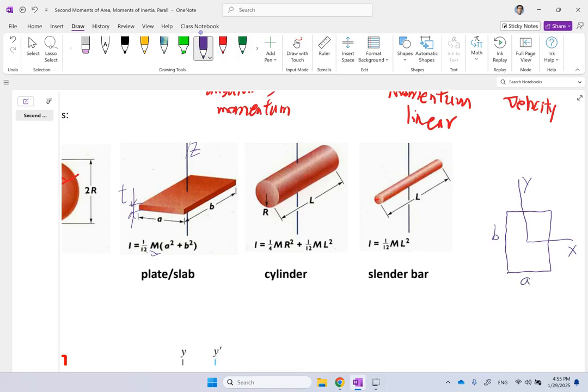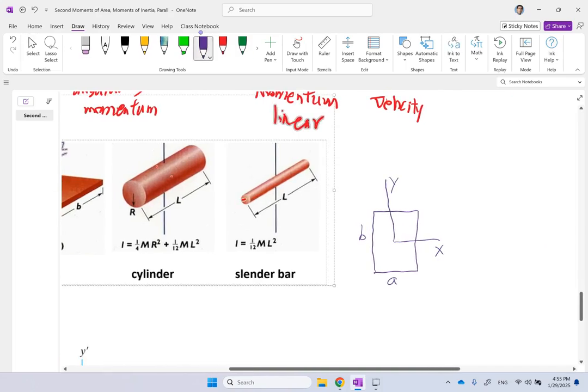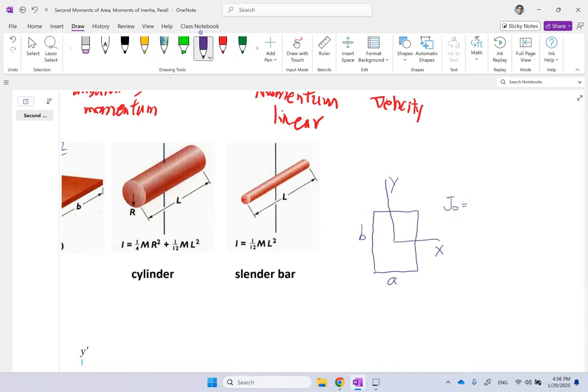So if I ask you what is the polar moment for this shape, what would you say? JO. You say this is Ixx plus Iyy. And what is that? This is the integral of what? Y squared dA, and this one was x squared dA.